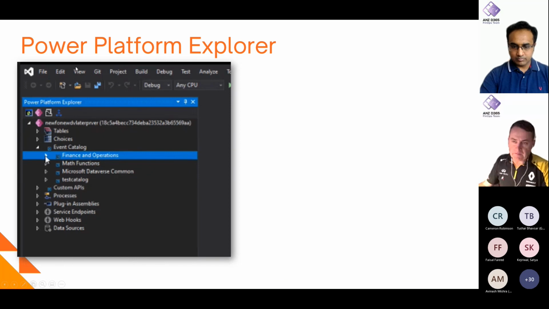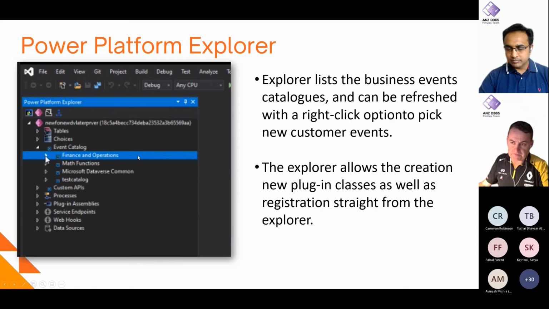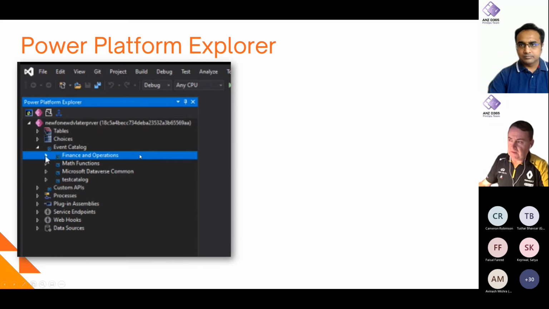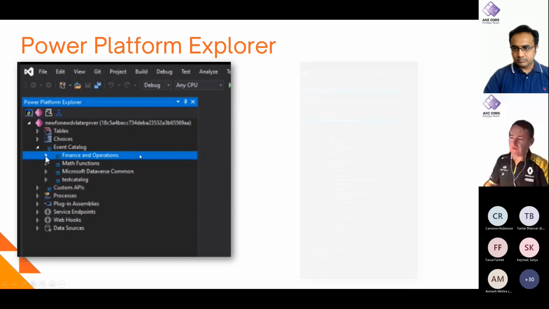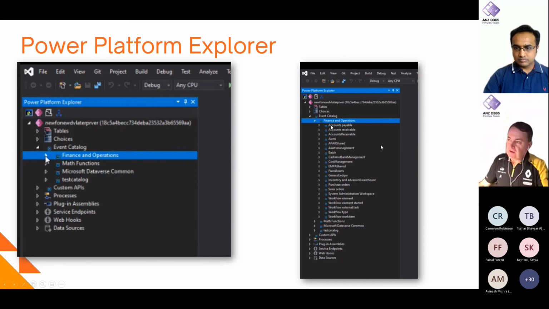So here in my Visual Studio, I've installed the tool. And in my Power Platform Explorer view, I'm now able to see, under event catalogs, the finance and operations business events. Now that I've published the appropriate business events, I'm going to be able to visualize those and actually access them through this browser experience.